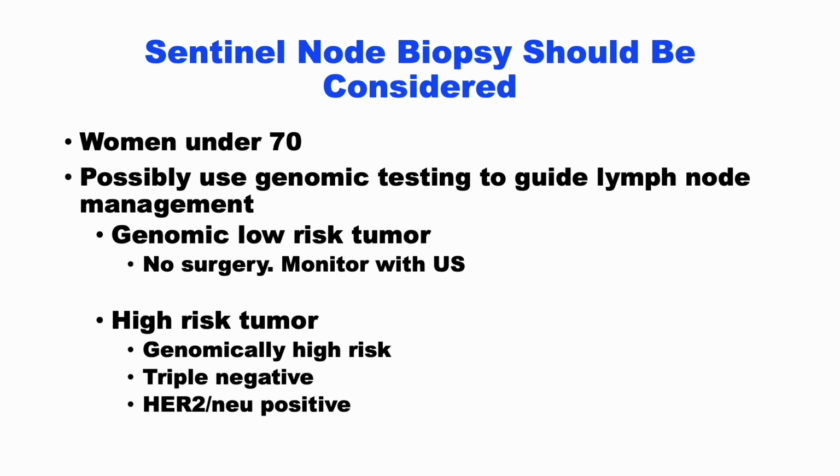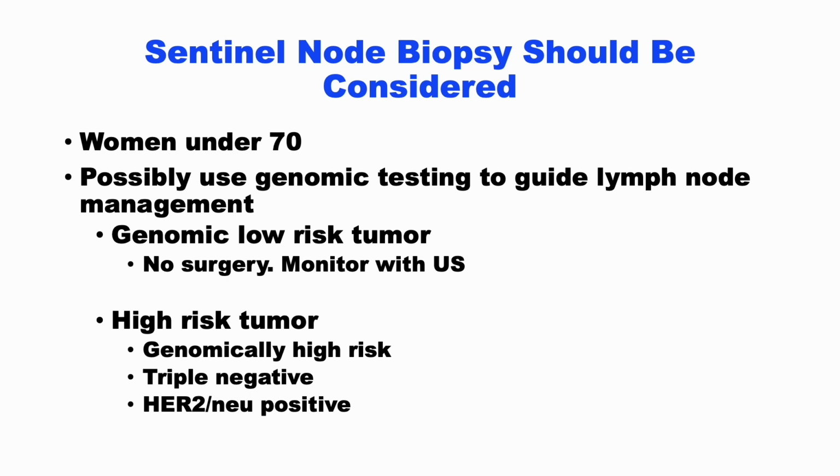Still, among these patients, there exists a possibility to use genomic testing to identify those with genomic low-risk cancers for whom sentinel biopsy can be avoided altogether if they're willing to take anti-estrogen therapy and have their lymph nodes monitored routinely over time by ultrasound. Conversely, those with normal appearing nodes but genomically high-risk tumors should be advised to undergo sentinel biopsy due to the elevated risk of lymph node metastasis.